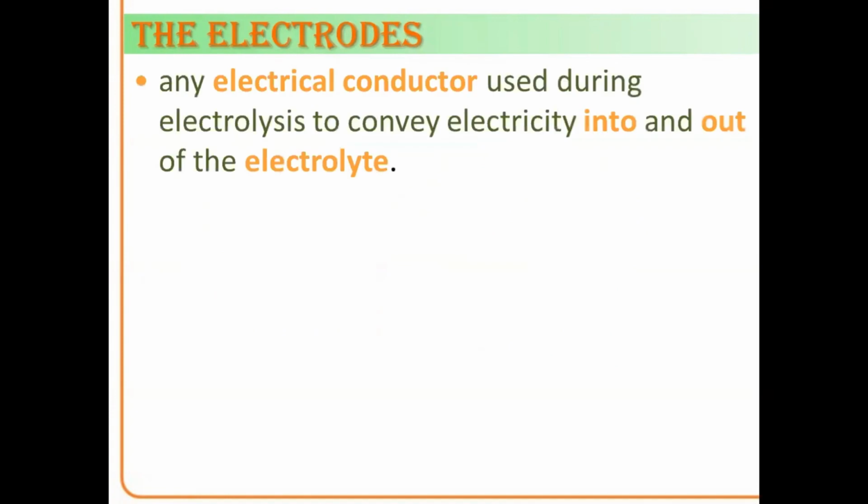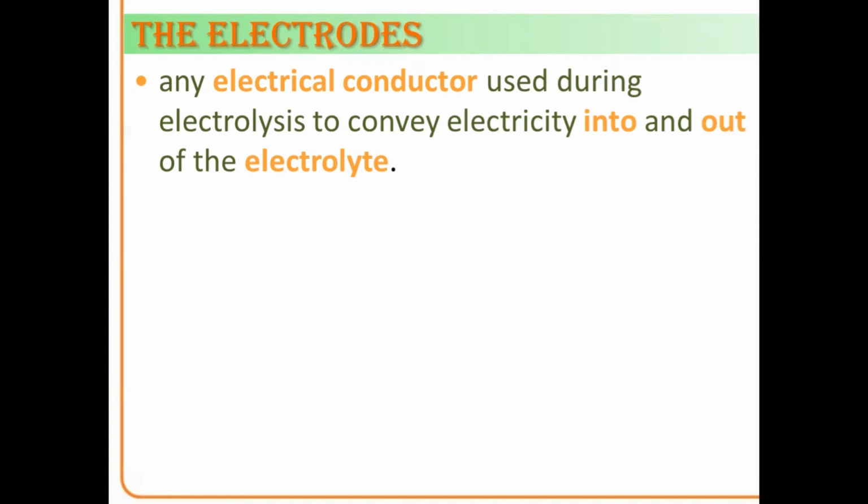Now, let's look at the electrodes in more detail. An electrode is simply any electrical conductor that is used during electrolysis to convey electricity into and out of the electrolyte. The electrode is usually a solid, but there are instances where liquids such as mercury have been used as an electrode.